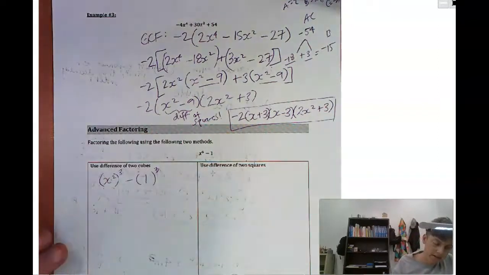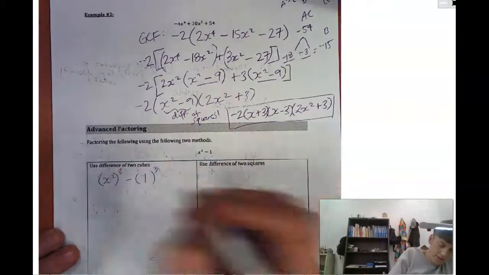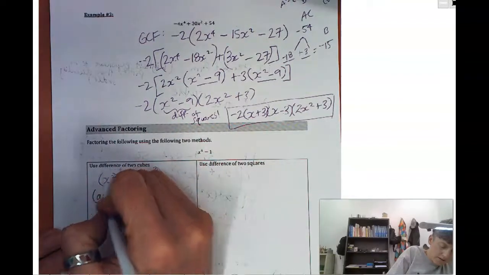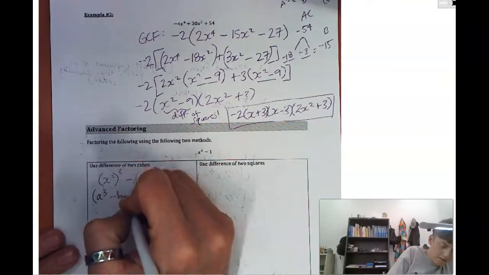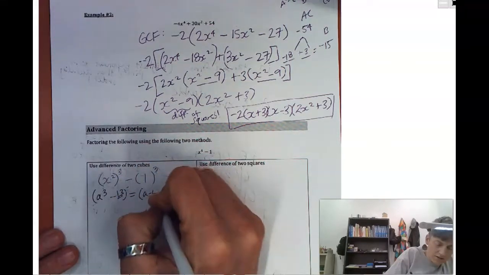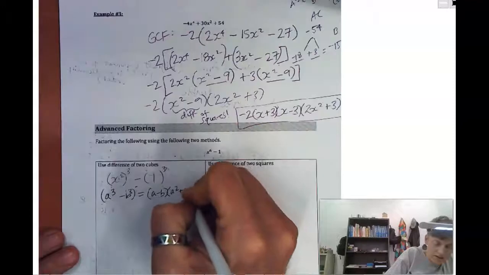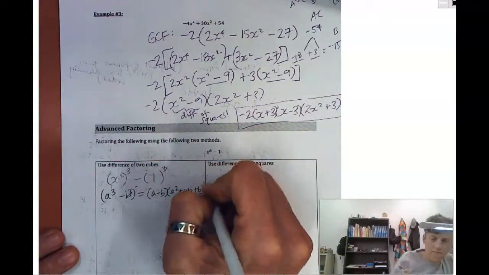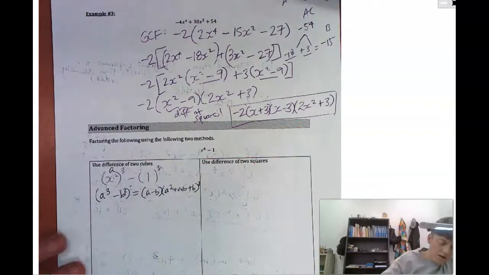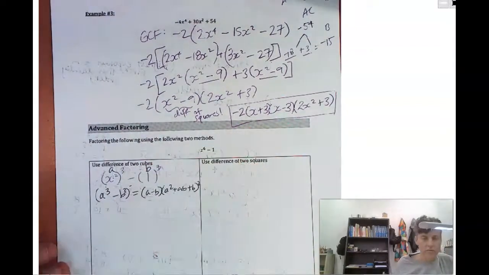So, in our difference of cubes formula, a cubed minus b cubed factors to a minus b times a squared plus ab plus b squared. So our a here is x squared, and our b here is 1.